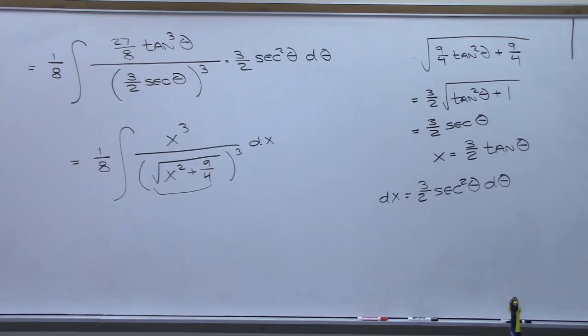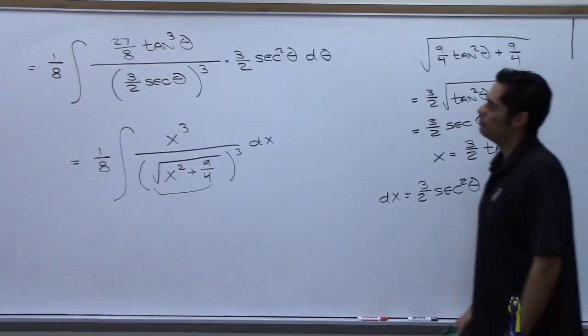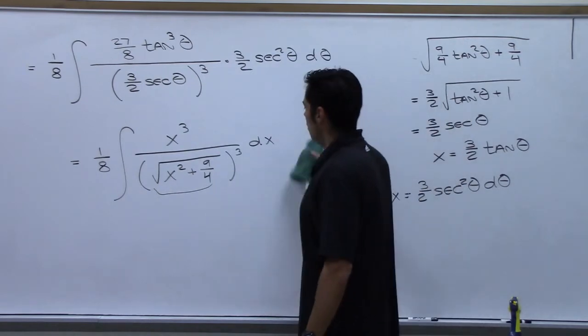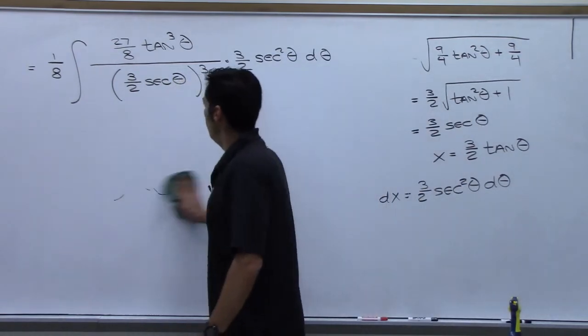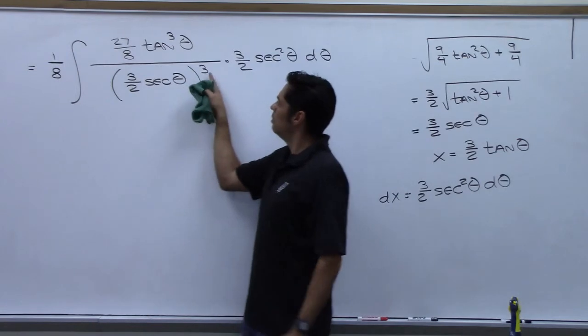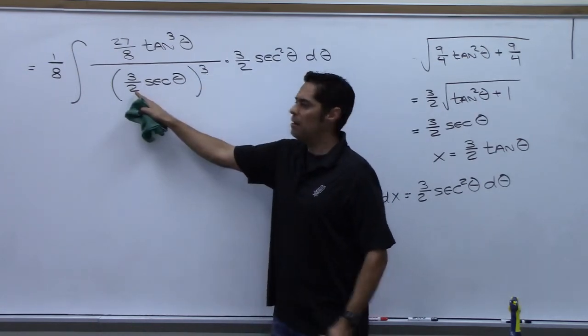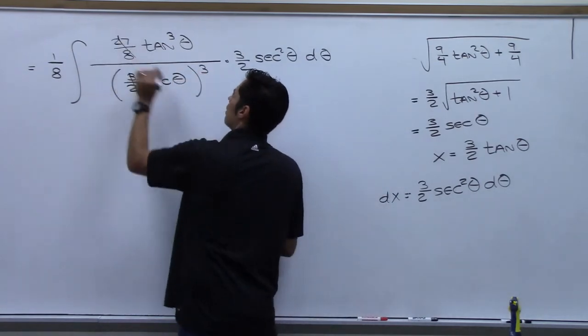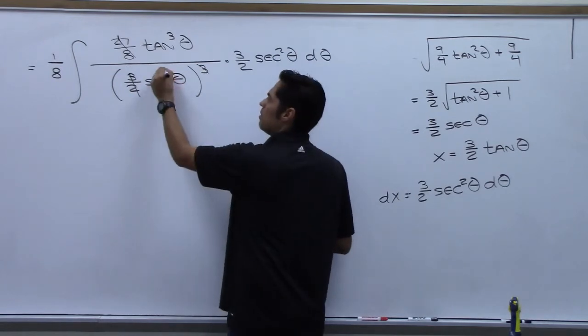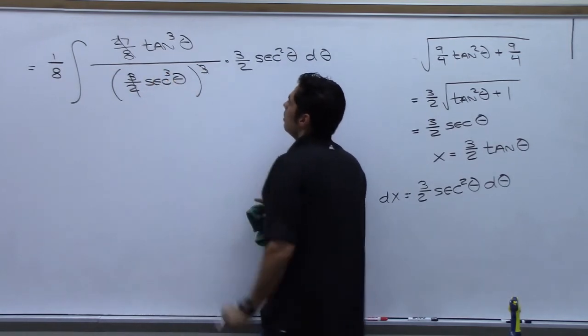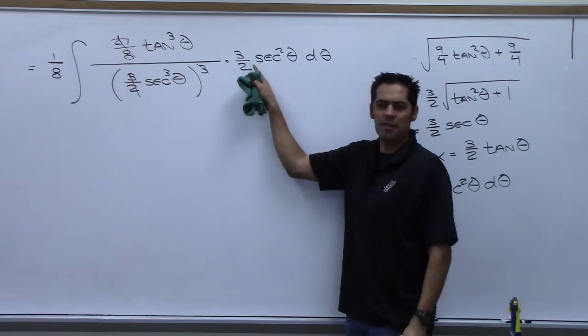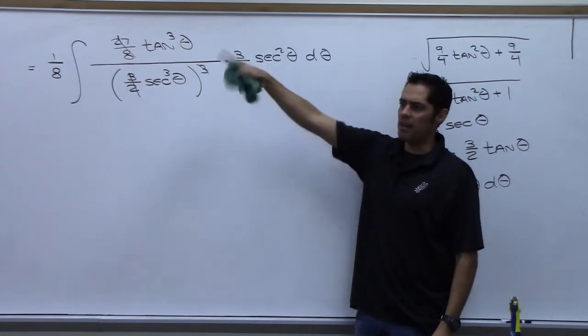A lot of that stuff are just numbers that we can get out of there. What is 3/2 cubed? 27/8, right? So that and that are going to be gone, right? And that's going to be cubed here. So we just have a 3/2. This 3/2 didn't get touched, did it? So take that out.